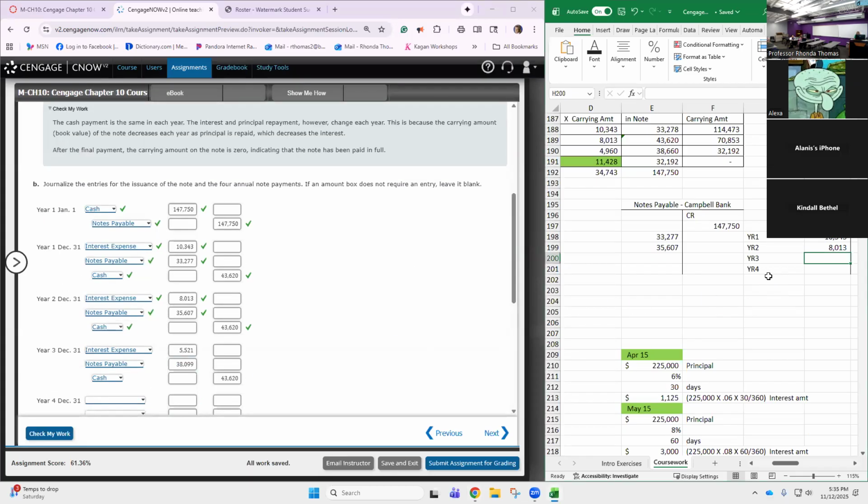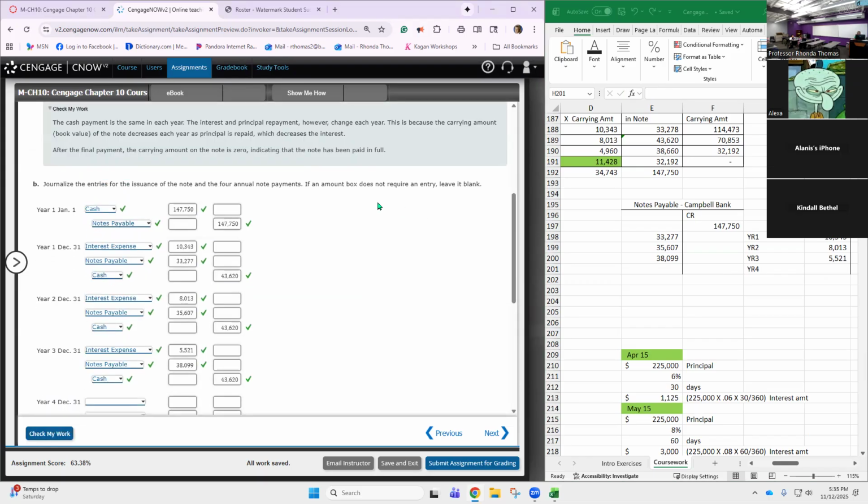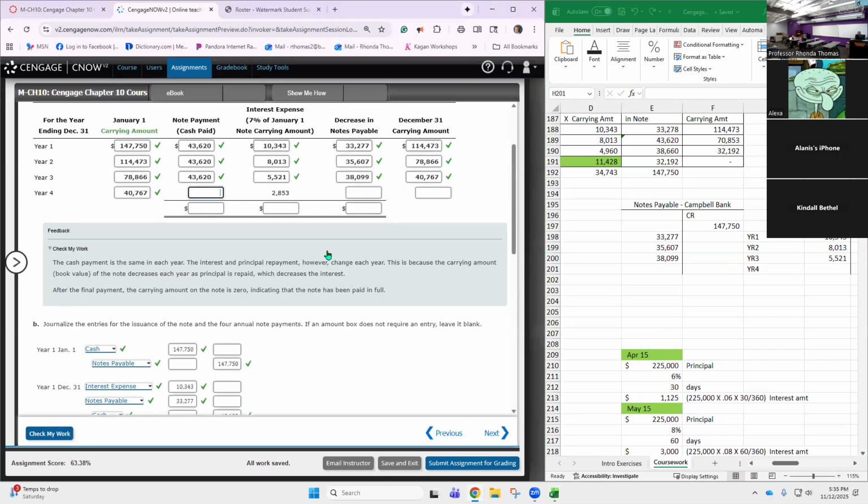There we go. So we're paying down on our note $38,099, and the interest expense was $5,521. Okay, I think we're about to wrap up this note. Same payment again, 43,620.